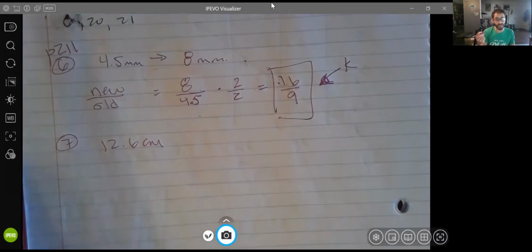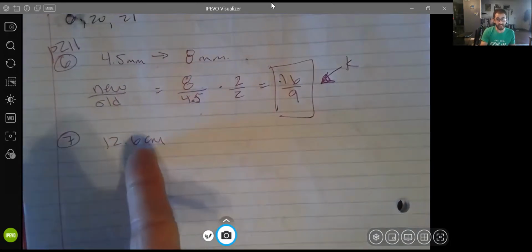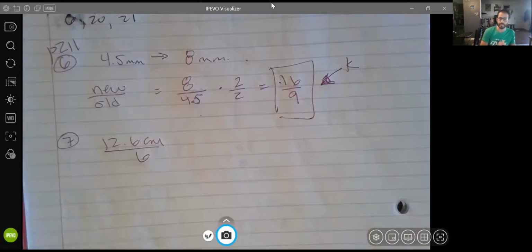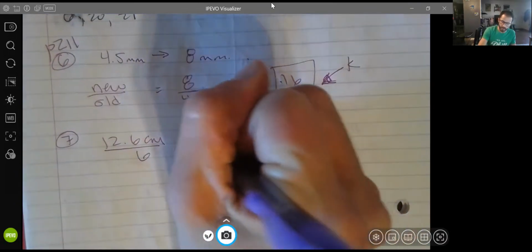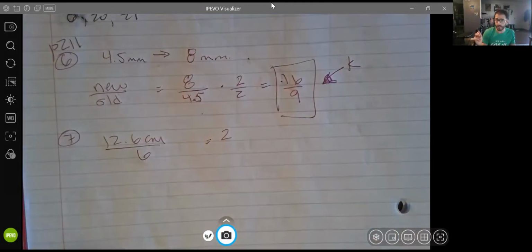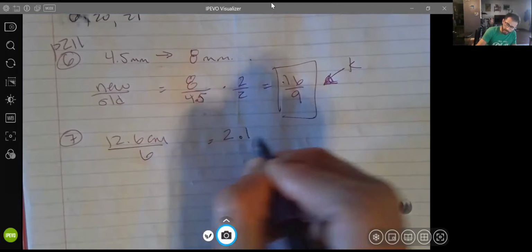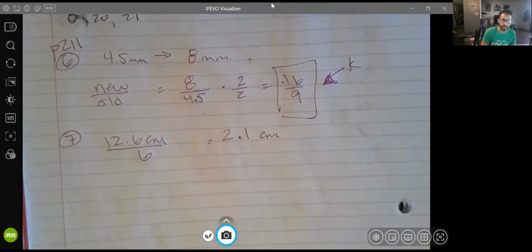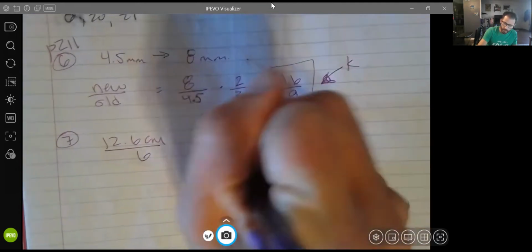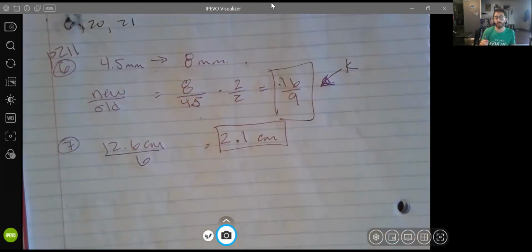So if we take the object, multiply by 6 to get the dilation, let's divide by 6. Well, 6 goes into 12 2 times. 6 goes into 6 1 time. And so the answer for number 7 is that the spider is 2.1 centimeters long.